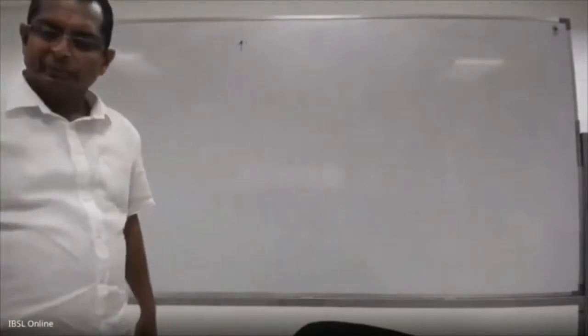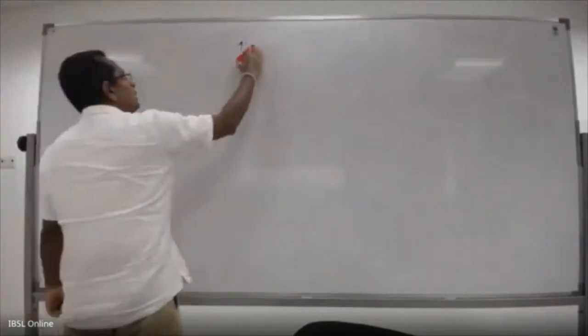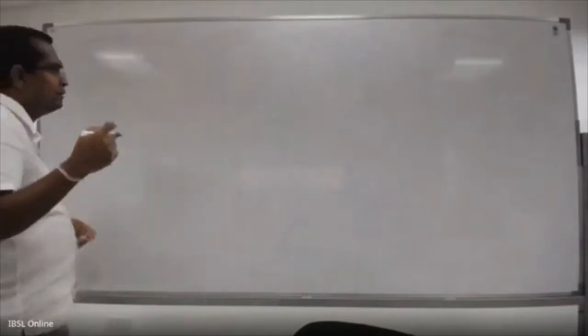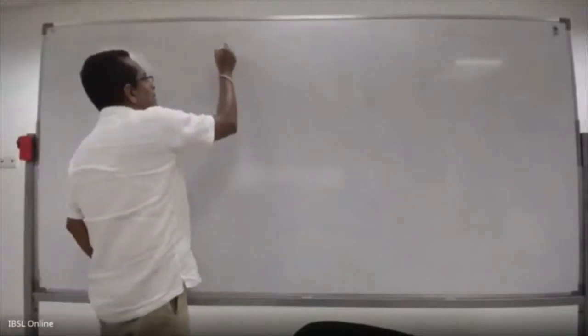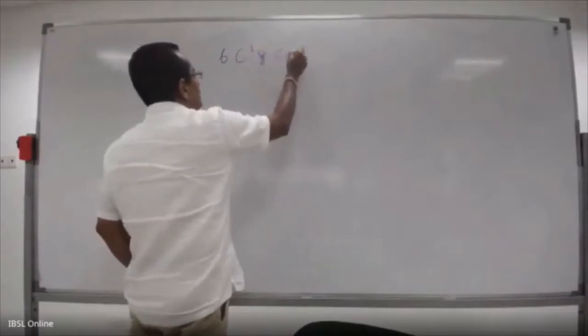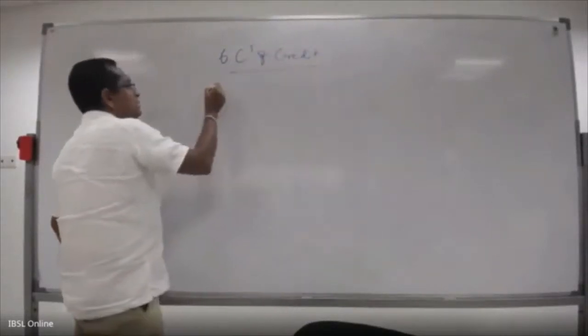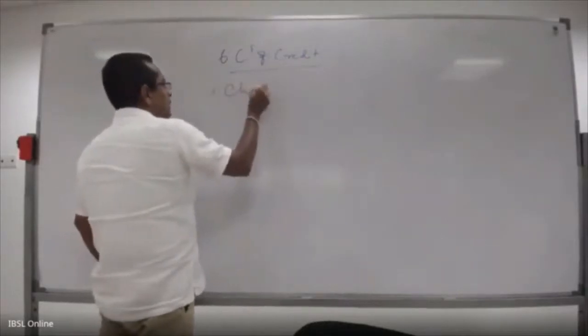We have 6 C's of credit. So 5 C's and one more, that is cash flow. First, the 6 C's of credit, right? The first one is character.